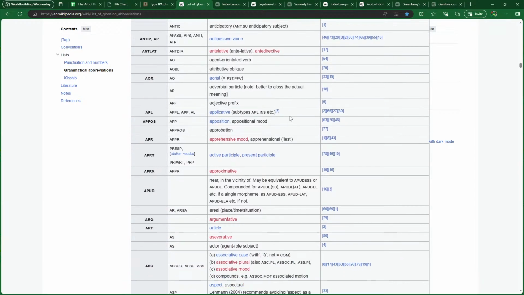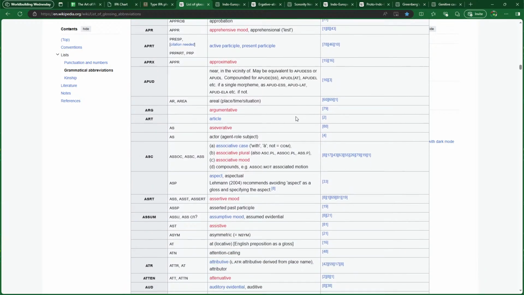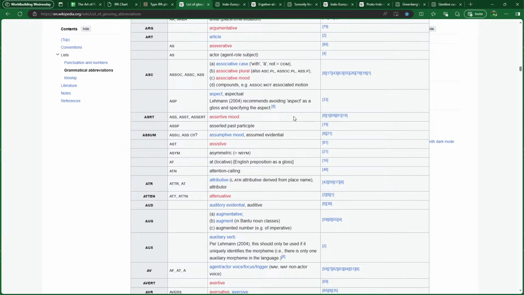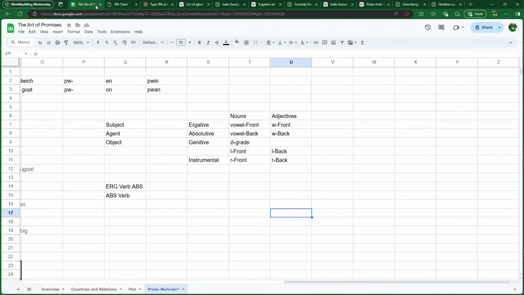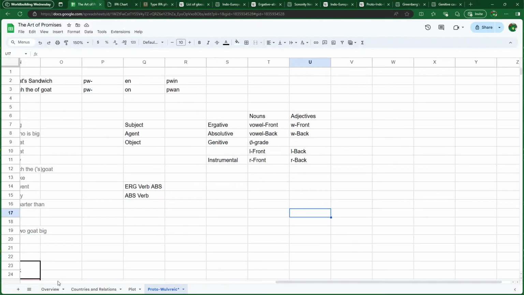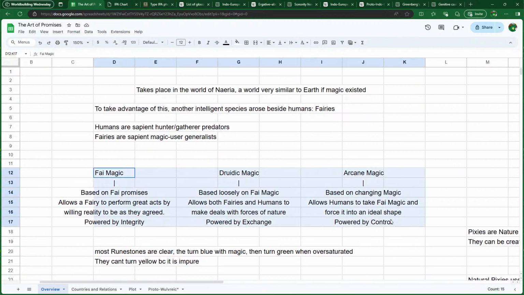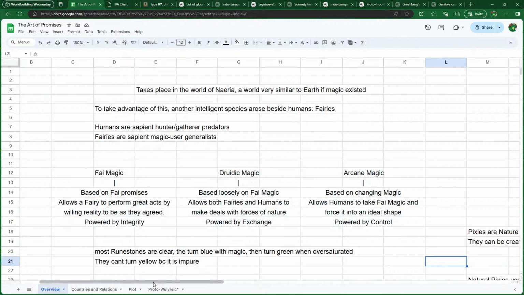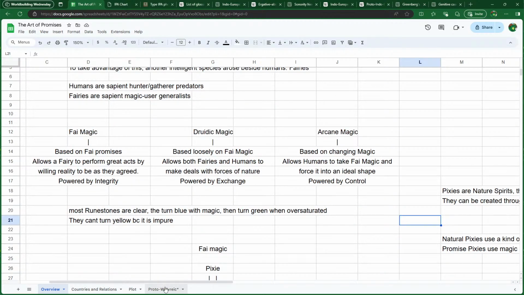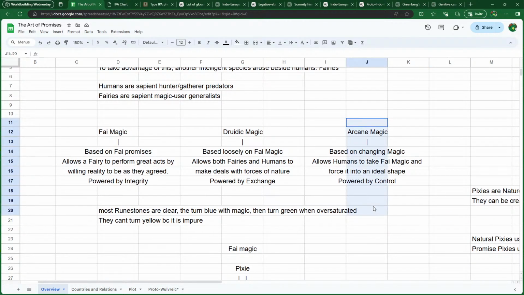Intensive is before. I want to have something that has to deal with exchange, because I want the magic mechanisms of this world to influence every aspect of their culture. So at this point, humans don't have access to arcane magic because that involves harvesting it from things that live on the fairy continent, and they're not there yet.